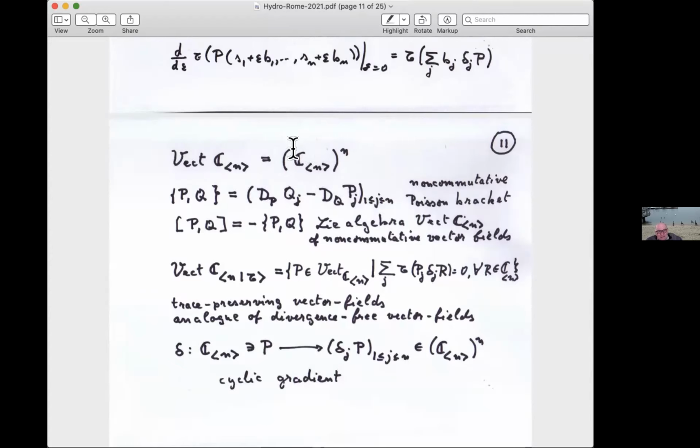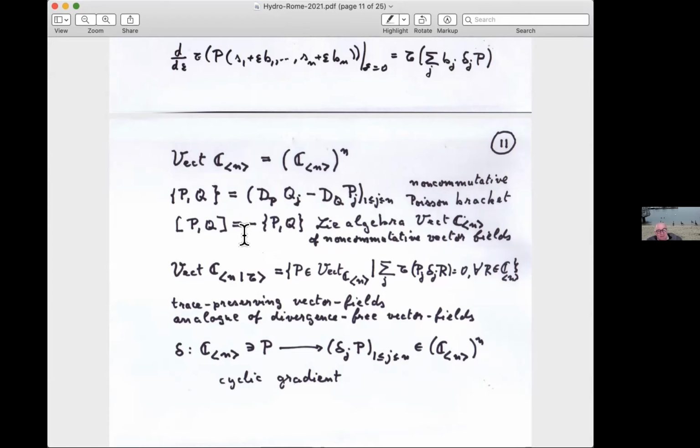So it's Cn to the power n, so it has n components, yeah. And the Poisson bracket of two such non-commutative vector fields is defined exactly by the same kind of formula as the usual Poisson bracket.